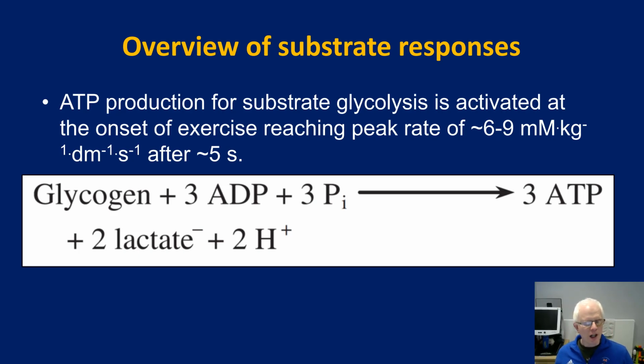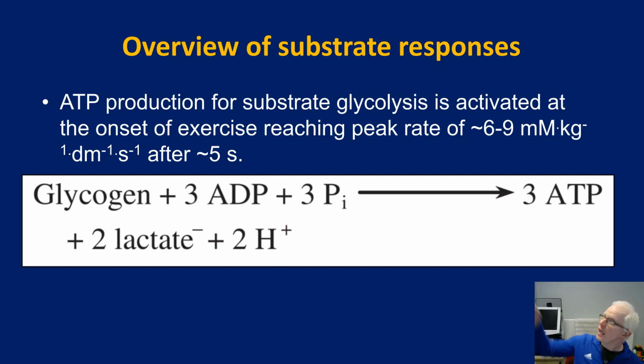So what we know from glycolysis is we get between 3 to 4 ATP. It depends on where the process starts, whether we start with glucose or glycogen. The key to understanding, though, is that although we produce 4, the net gain would be 2 if we started with glucose.